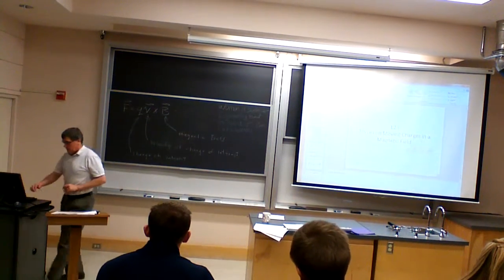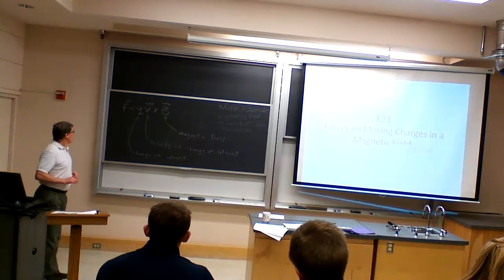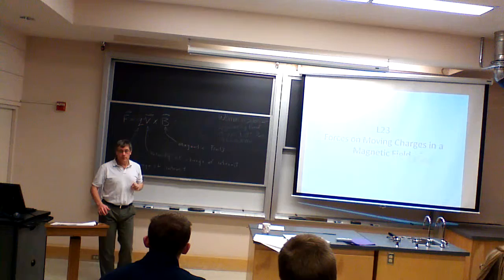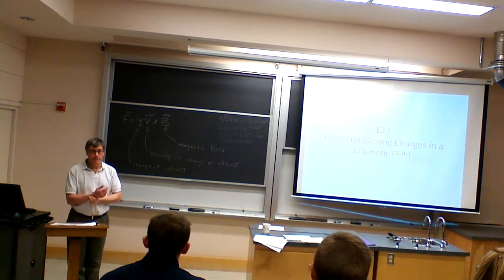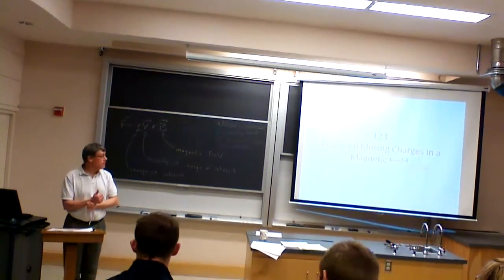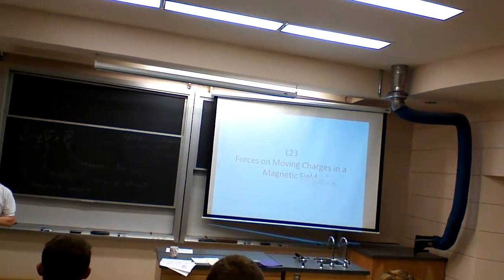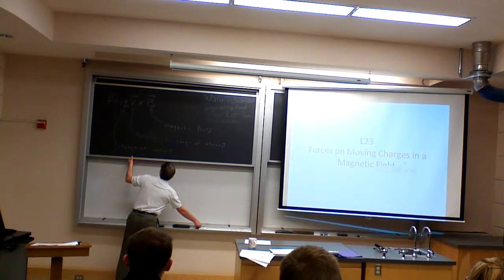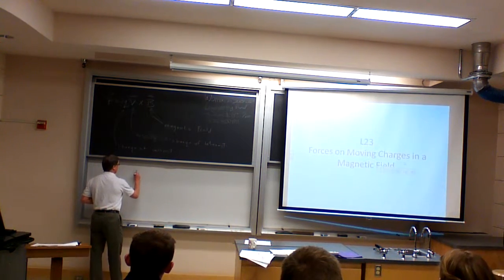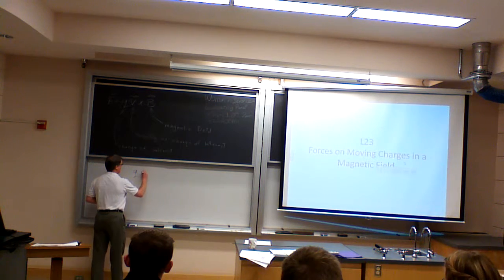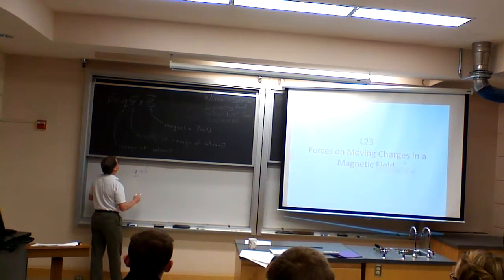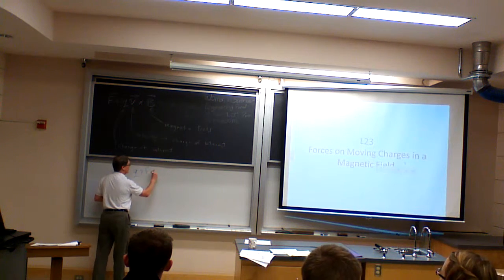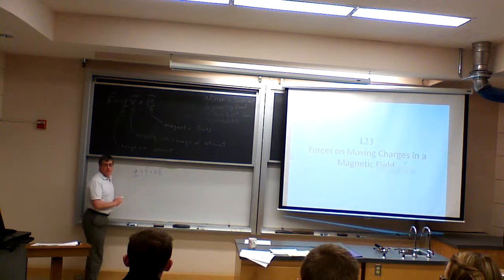Are either one of those cross products a unit vector? What's that? These are not unit vectors. These are the velocity vector and the magnetic field vector. We could, if you wanted to, remember that this could be written as Q times the speed times our v unit vector cross B unit vector, right?